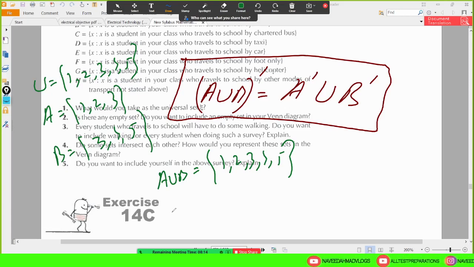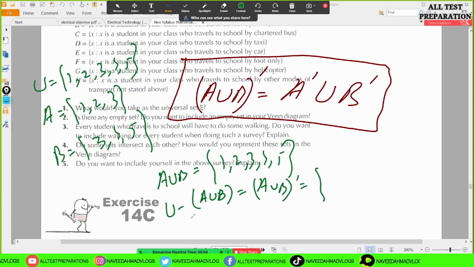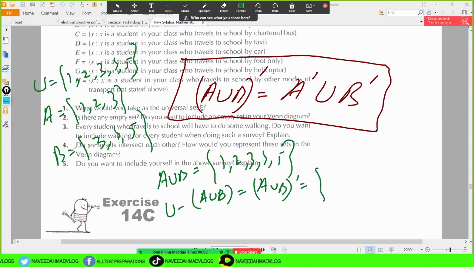Now A union B bar will be equal to U minus A union B. So all element of set U which is not the element of set A and not the element of set B, तो वो क्या है? 1 2 3 4 5, 1 2 3 4 5. So this will be your empty set.